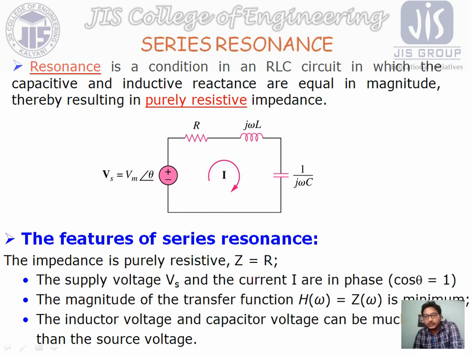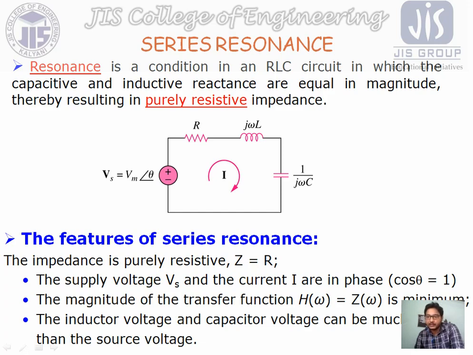So first of all, we're considering the series resonance. Series resonance means a circuit contains resistance, inductance, capacitance, all connected in series. And resonance means when the inductor and capacitor have the same effect on the circuit, and ultimately they neutralize the effect of each other, because as we know, the inductor tries to lag the current and a capacitor tries to lead the current.